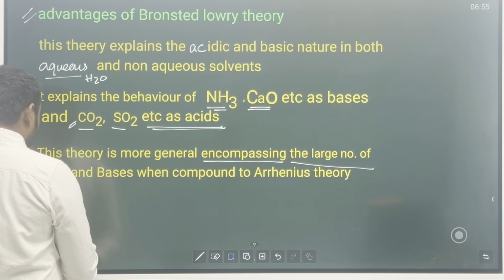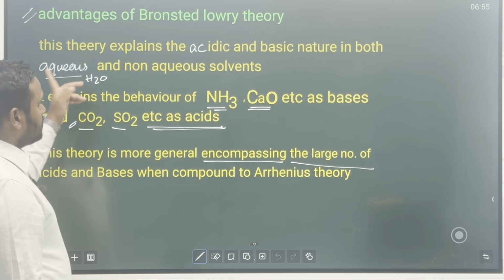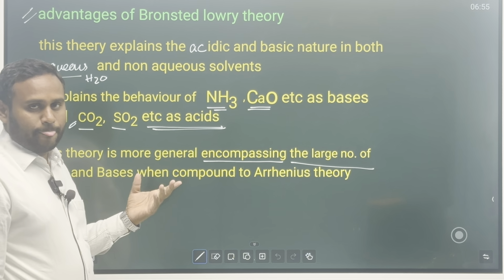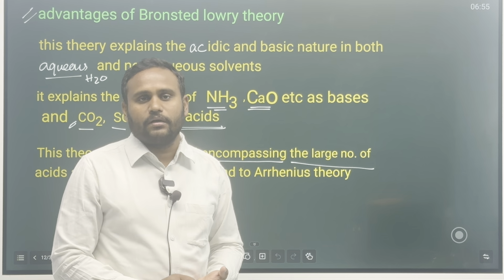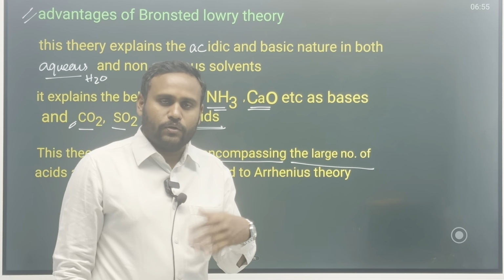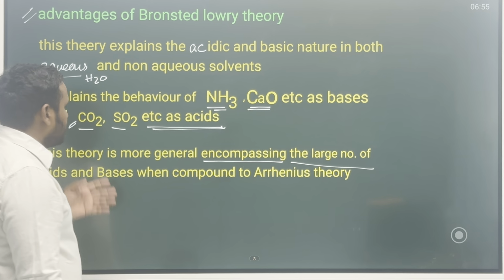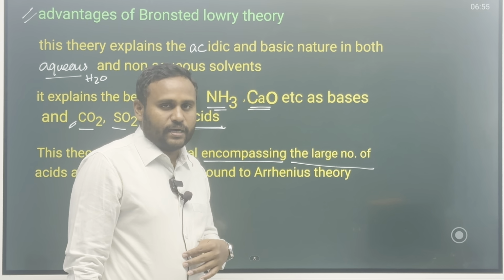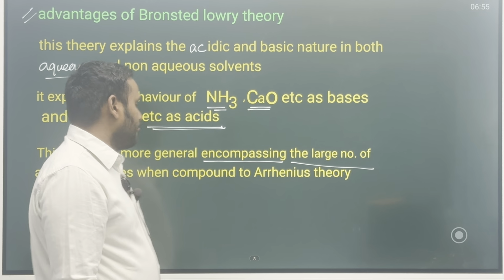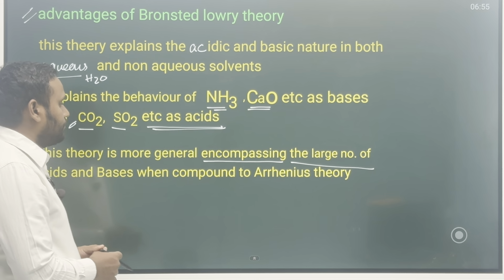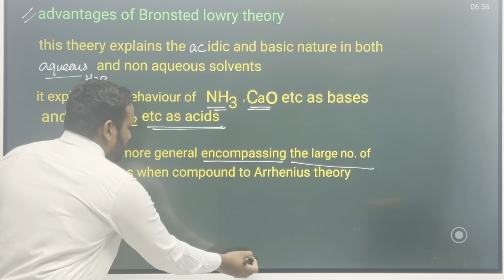These are the advantages. This theory explains acidic and basic nature in both aqueous and non-aqueous media, not like the Arrhenius theory, which compulsorily requires water; with Bronsted theory, other solvents are also possible. It explains the behavior of NH3 and calcium oxide as bases, and CO2 and SO2 as acids. And it encompasses a large number of acids and bases.